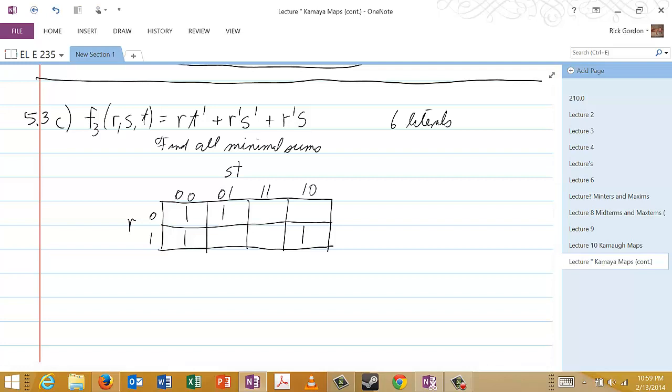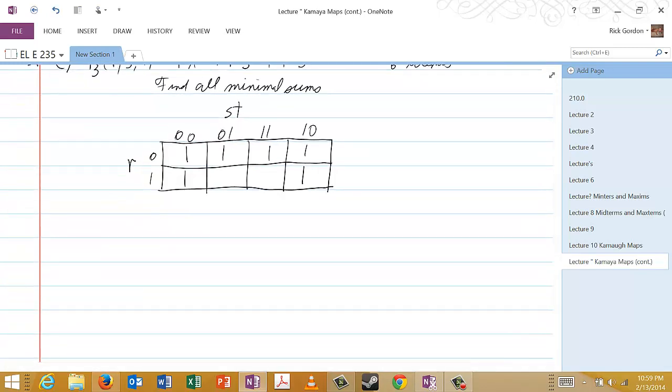And finally, R prime S means that we have R is equal to 0 and S is equal to 1, which gives us those two ones right there. Now that we have the Karnaugh map for this function, we're ready to do this problem.